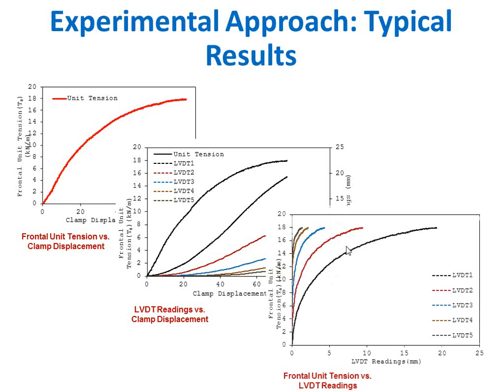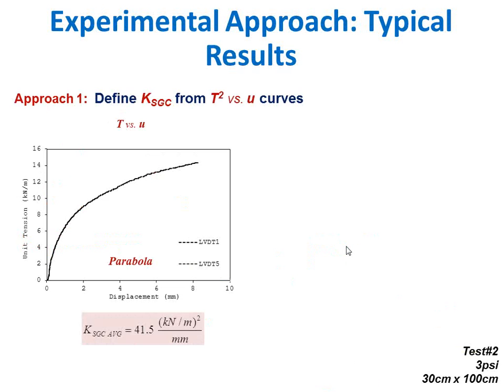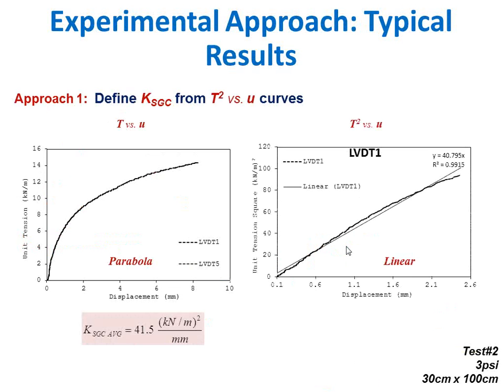They're nice looking curves. Well, now is the proof. So let's plot it. This is raw data. Let's plot it into the T-squared versus U field. And this is what we get: unit tension versus displacement, or unit tension squared versus displacement. We're happy, we get very close to a straight line.